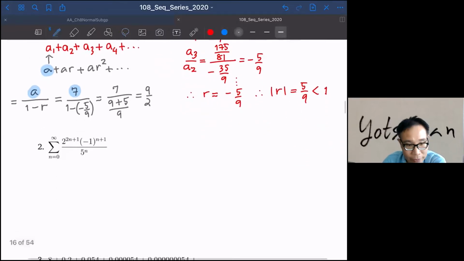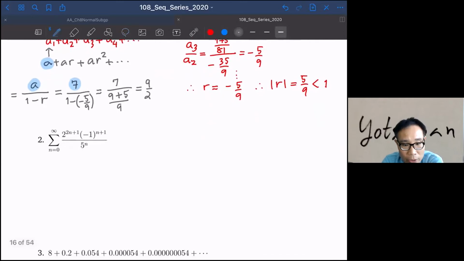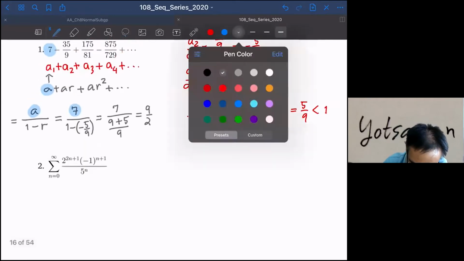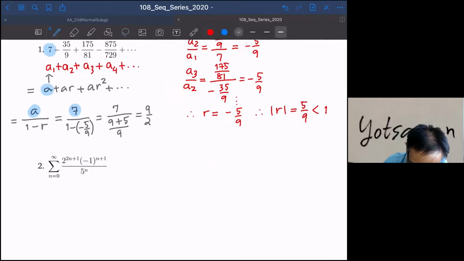The second one, we're going to try to find the sum in the form of the series from n equals 1 to infinity of a r to the n minus 1. So you need to have the series in this form. You see that this is a little bit different, but we're going to try to expand or simplify this a little bit.